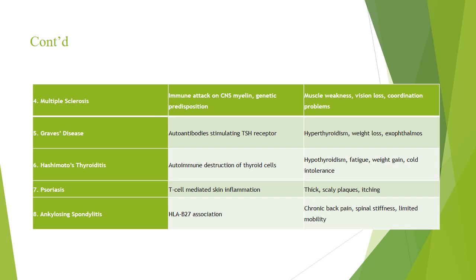Also, we have Hashimoto thyroiditis, which is caused by autoimmune destruction of thyroid cells. The body mistakenly takes the thyroid cells as foreign and attacks them, causing Hashimoto's. Clinical manifestations can include hypothyroidism, fatigue, weight gain, and cold intolerance.